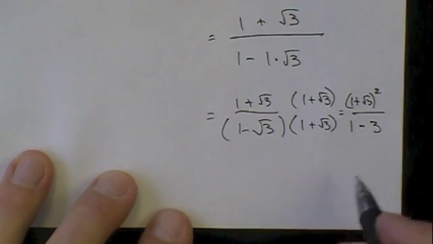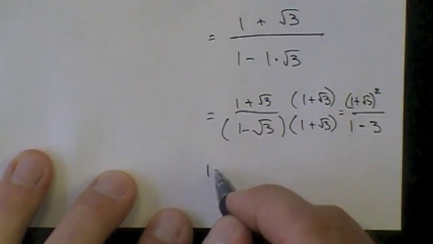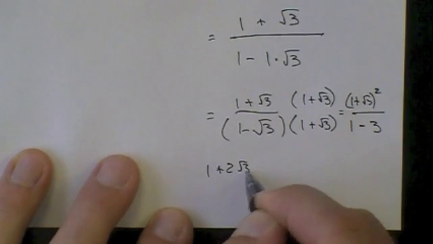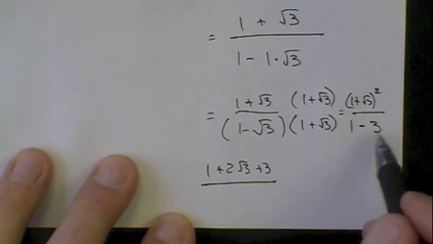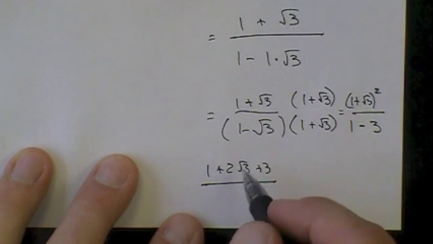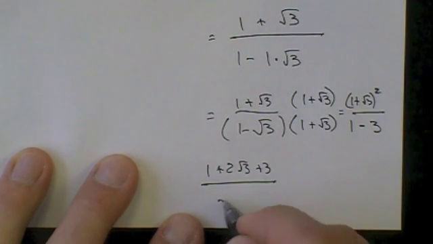We can go ahead and FOIL this. That's going to be 1 plus 2 square root 3 plus 3 all over 1 minus 3, which is negative 2.